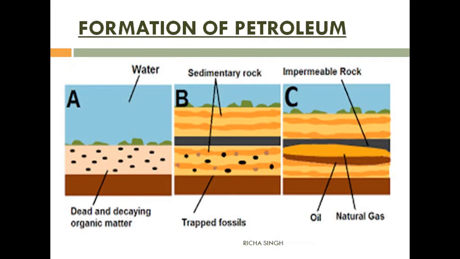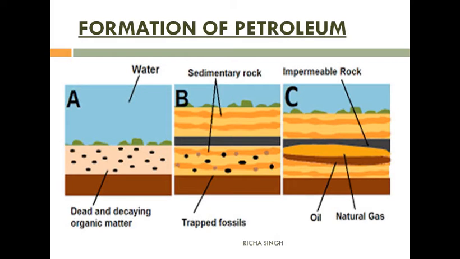So, how is petroleum formed? Many years ago, the remains of dead organisms sank to the bottom of the sea and gradually got covered with sand and clay. Over a period of years, they were converted into petroleum under the effect of high temperature and pressure, and also the effect of bacteria, and in the absence of oxygen, the absence of air.